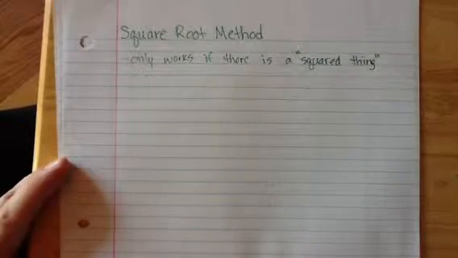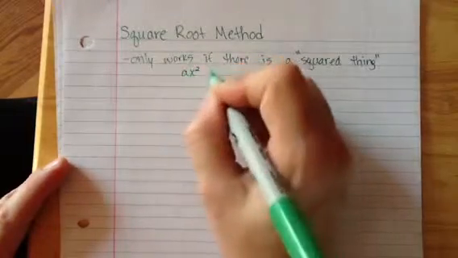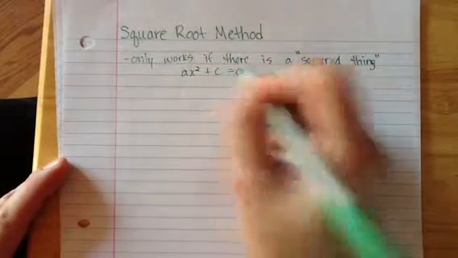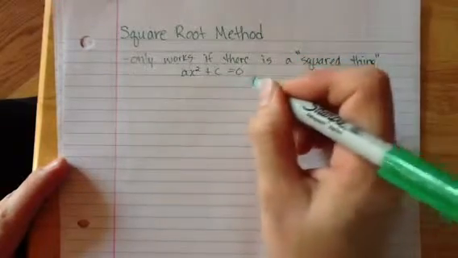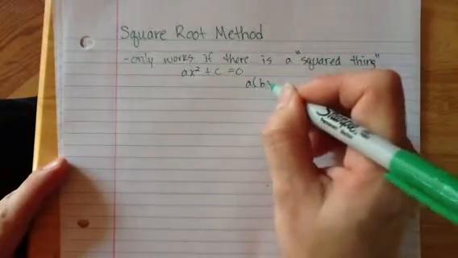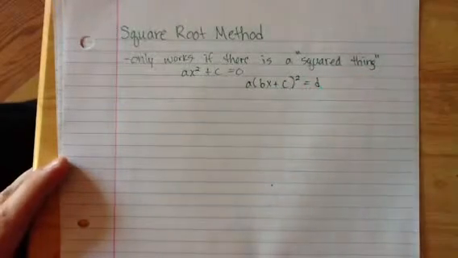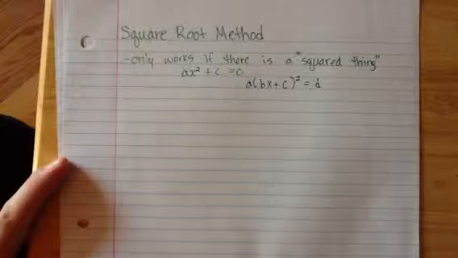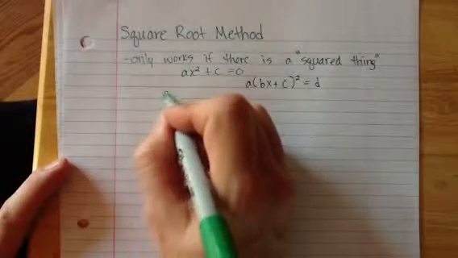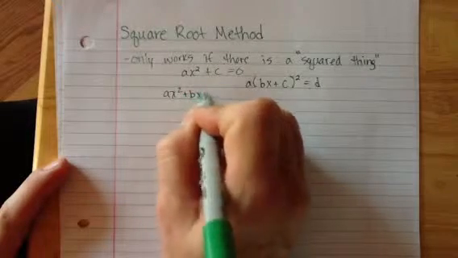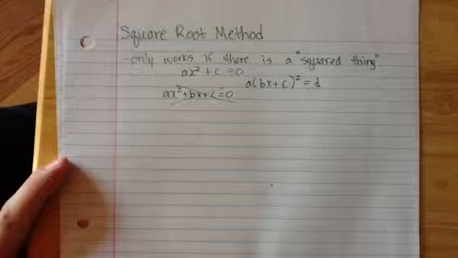So for example, it could have an x squared in it, so it could have ax squared plus c equals 0, or it could have a parenthesis, so it could have like an a and then a (bx plus c) parenthesis squared equals d, but it has to have some chunk that is squared. It could not have in the form ax squared plus bx plus c equals 0. Okay, that will not work for the square root method.